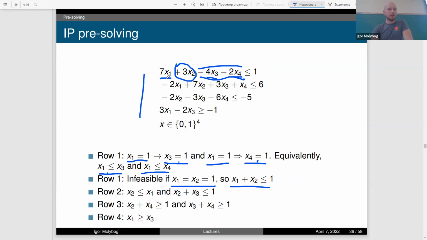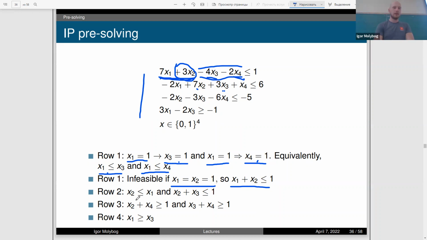Basically by the same logic, x2 and x3 cannot be equal to 1 simultaneously, just because this would lead to the left hand side having too great of a value.